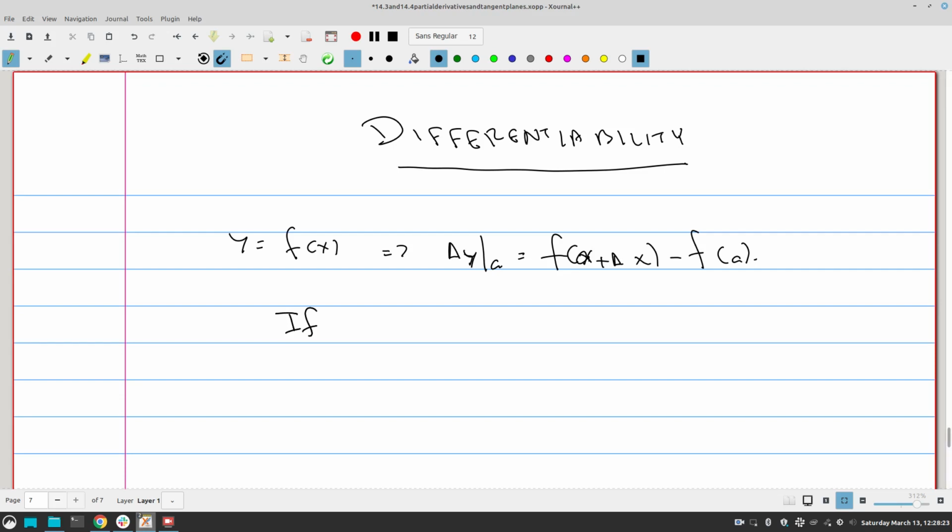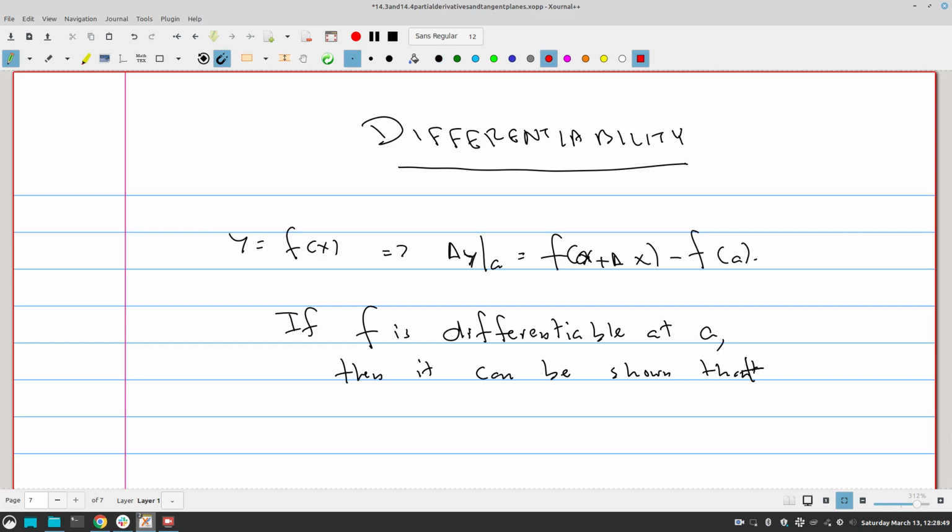If f is differentiable at a, then it can be shown that, this is for, of course, single variables, it can be shown that delta y can be written as follows.